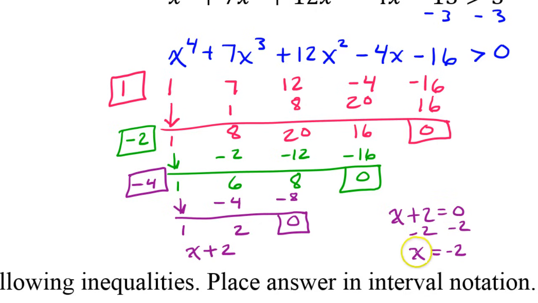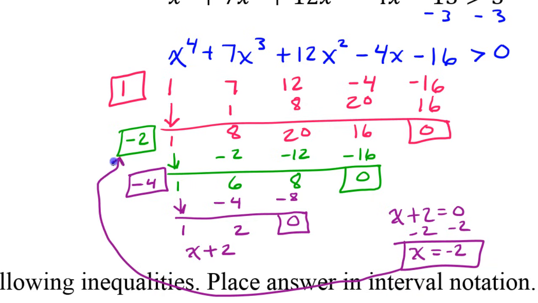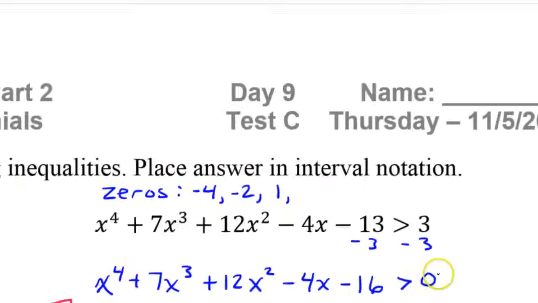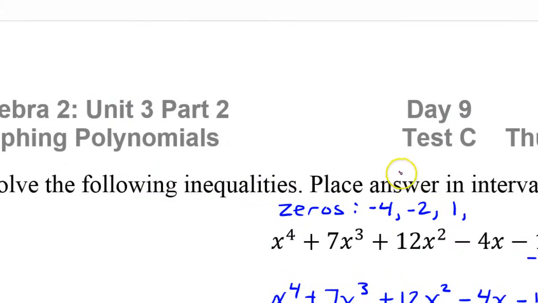I'm getting x equals -2, but where have I seen that before? Oh yeah, look, -2 was right there. I already had -2. So that's the reason why it wasn't showing up on the calculator: the 0 of -2 is a double.